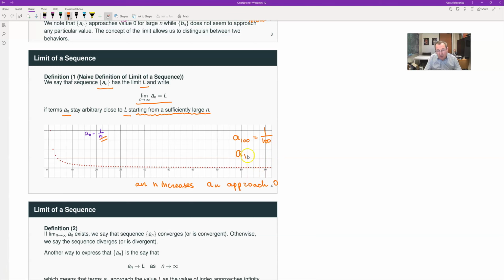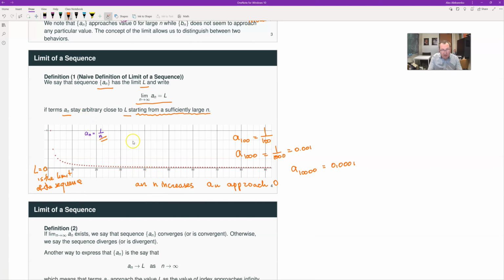And a_1000 would be equal to 1 over 1000, which is 0.001. And a_10000, way towards the right, would be 0.0001. So clearly these elements get smaller and smaller and smaller. So in this case, L equals 0 is the limit of the sequence.